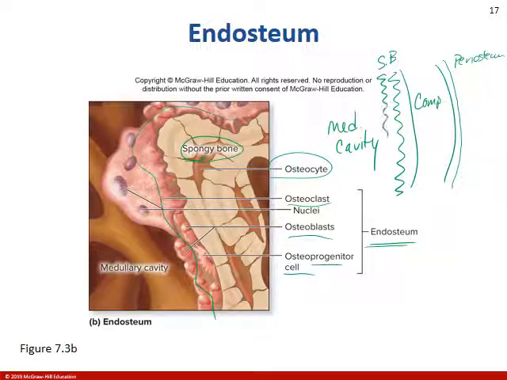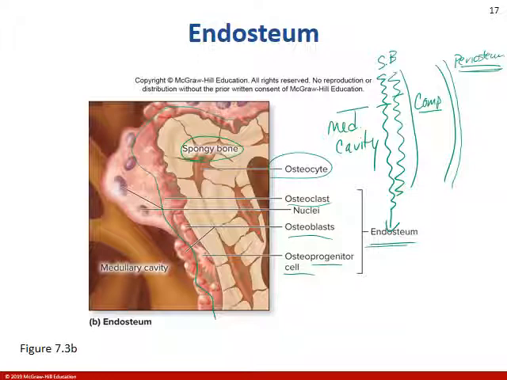What kind of lining do I have right here? I have endosteum. So it might be good for you to start from the outside and make sure that you know which structures as you're moving to the inside. So periosteum first, then compact bone, then spongy bone, then endosteum, then you finally get to the medullary cavity.